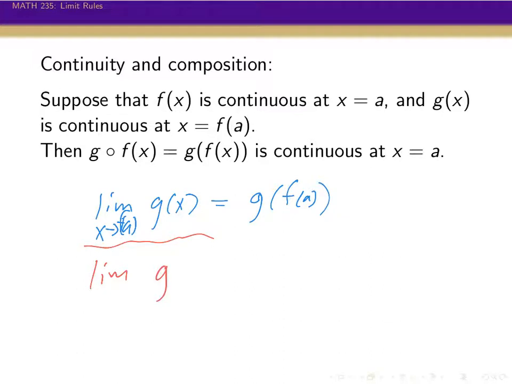Instead of doing g of x, we're doing g of f of x. And then instead of x going to f of a, x is just going to a. And we're saying that we're still ending up with g of f of a. Okay. So this is going to be very helpful. This means that anytime we have two continuous functions, if we plug one continuous function into another continuous function, then we still have a continuous function at that point.